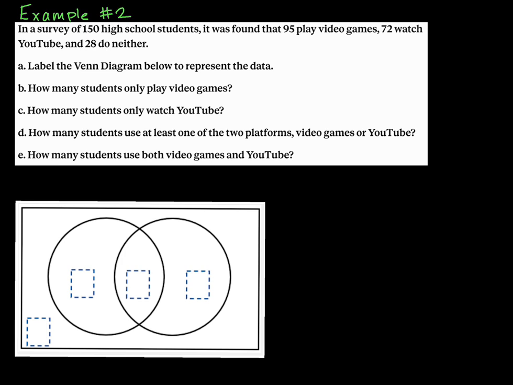So we're going to label this Venn diagram. I'm going to say this circle is those who watch YouTube, and this circle is those who play video games. It doesn't matter which one is which as long as you put the numbers in the right place.